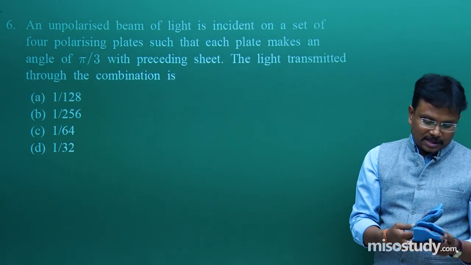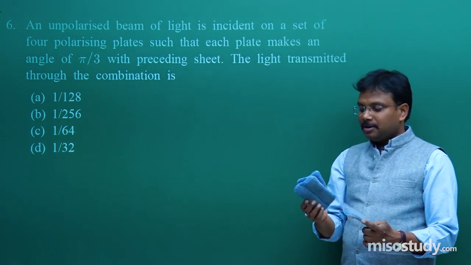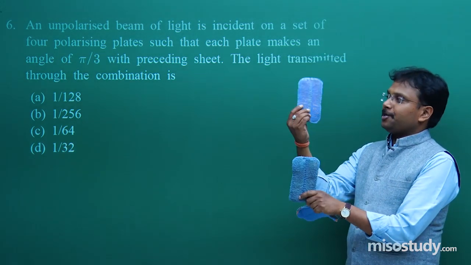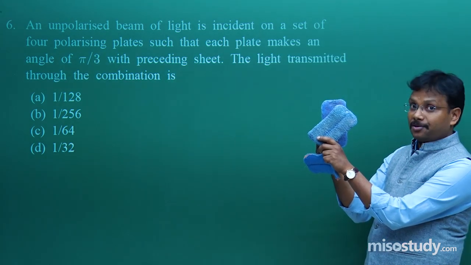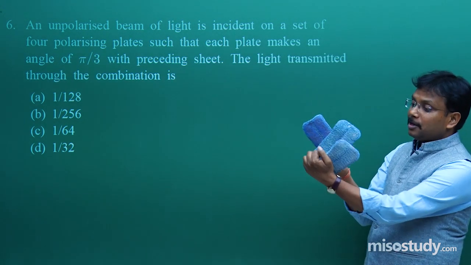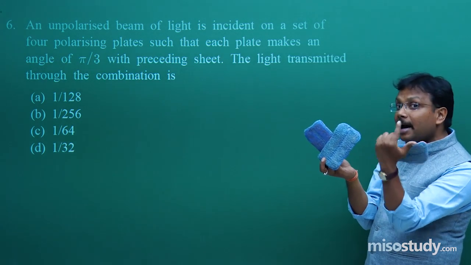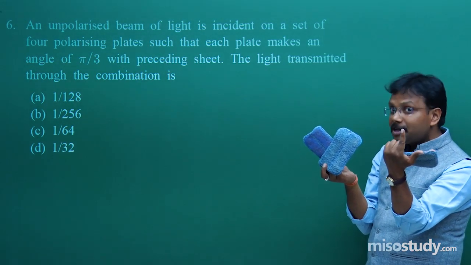It means if you analyze using these 2 plates, if this is the first one, then the second is twisted like this, and the third again twisted with the second by pi by 3, pi by 3 means 60 degree.